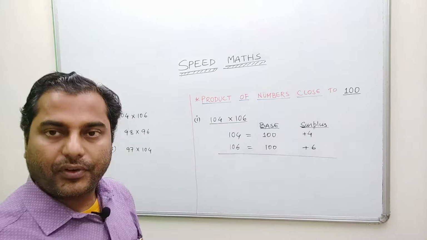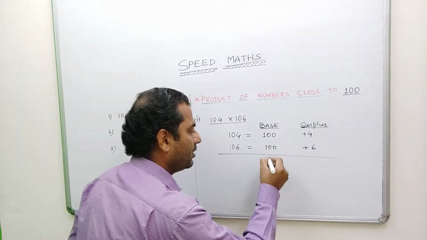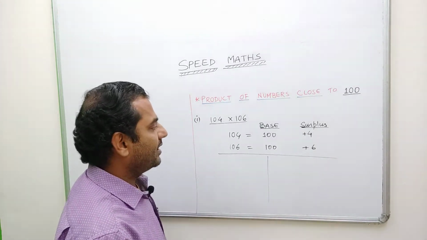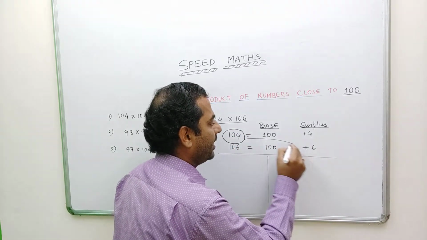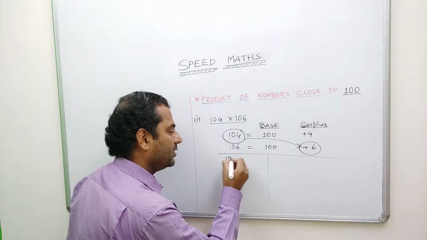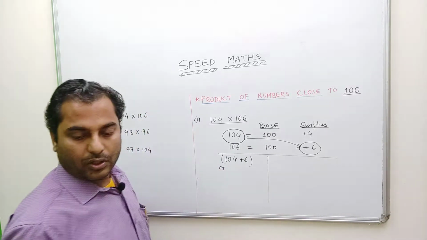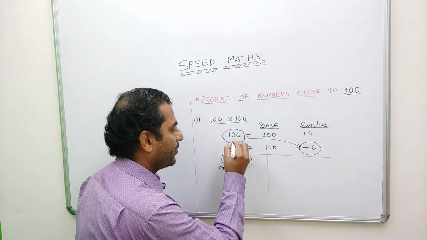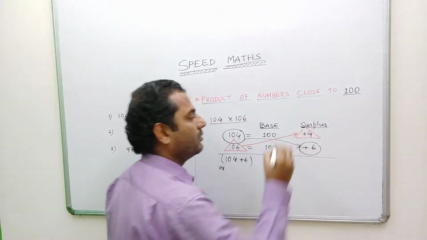So the answer of this product has two parts, left part and right part. On the left hand side I will take one number like 104, and I will add the surplus of the other number to this. So I will write 104 plus 6, or I can take 106 as the number, and then take the surplus of the other number, 4.